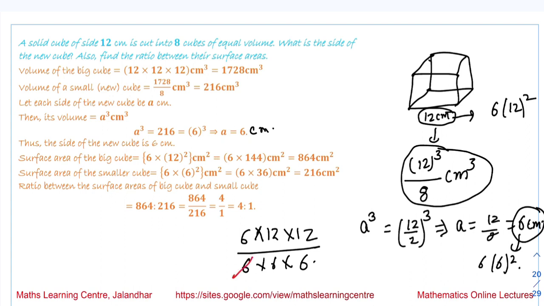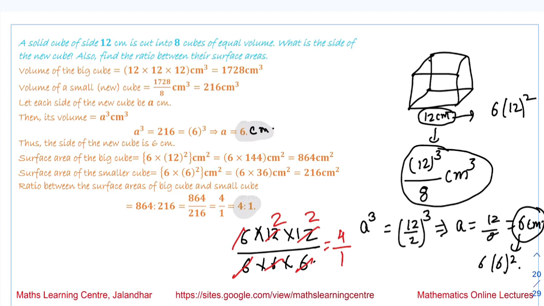So these two 6s get cancelled, this is 2, this is 2, so it is 4:1. So the ratio between their surface areas is 4:1. So these are the things we had to calculate: the side of the new cube is 6, and the ratio is 4:1.